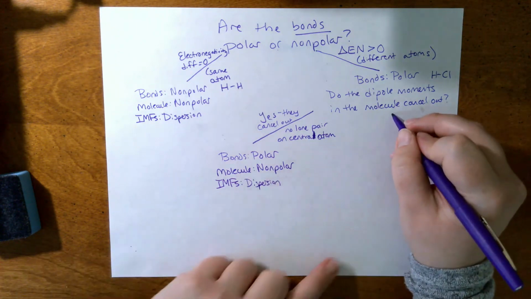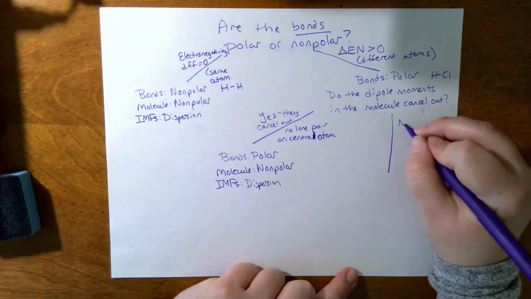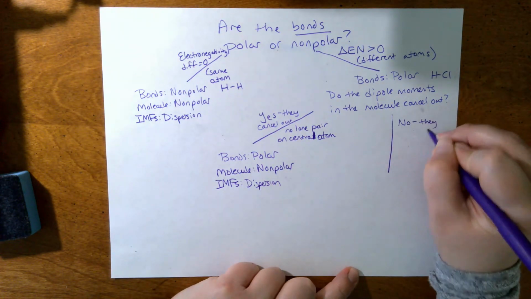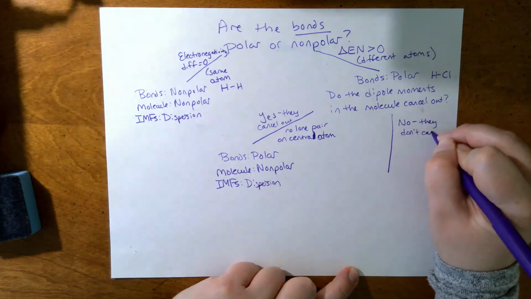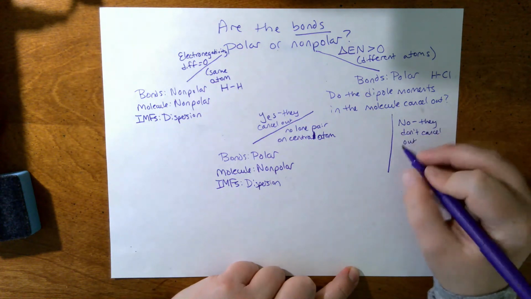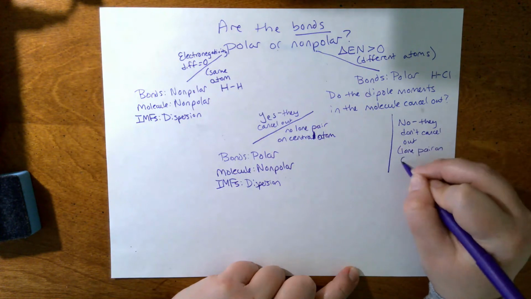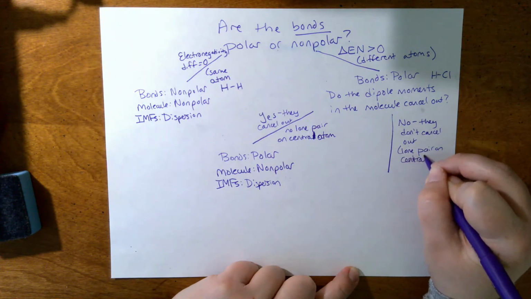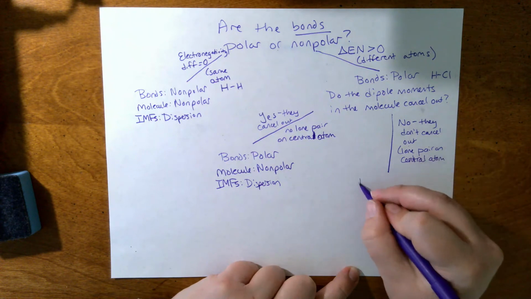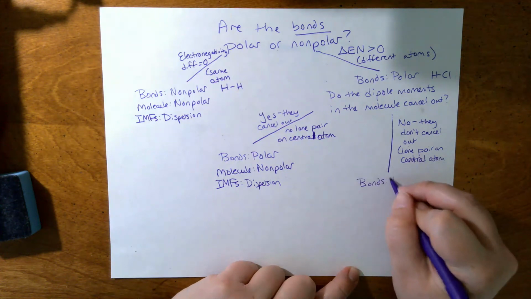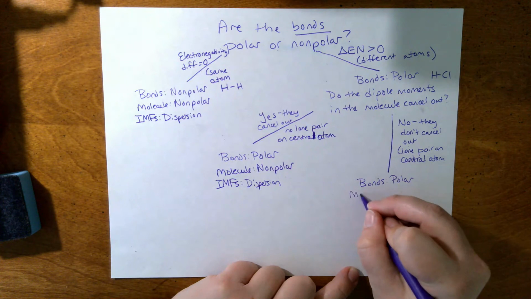Now, the other choice is that the answer is no, they don't cancel out. And usually our clue about this is that there's a lone pair on the central atom. So then I know that my bonds are polar and my molecule is polar.